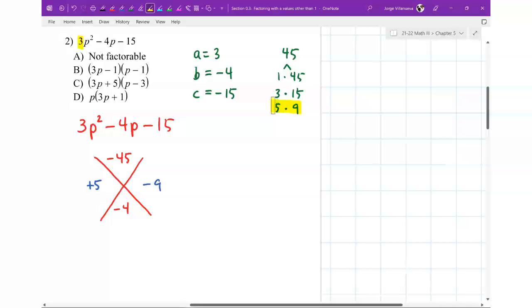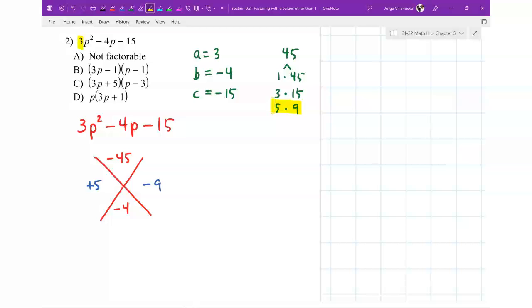Okay. I always like to write my factors in groups so that I know which two go together. By the way, if you ever have a hard time finding factors, you can always Google it. I actually just did this yesterday with my daughter. She had to find all the factors for 484. And I'm like, I'm not doing that. That's ridiculous. So I just typed it in Google, factors of 484, and it told me all of them.